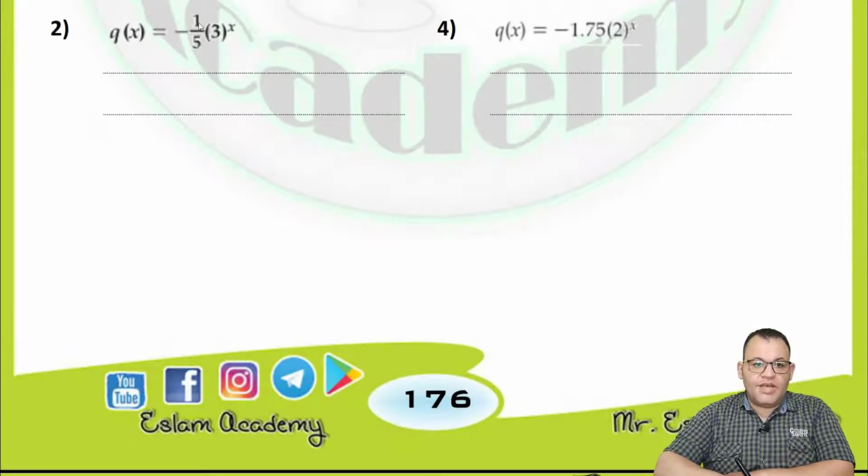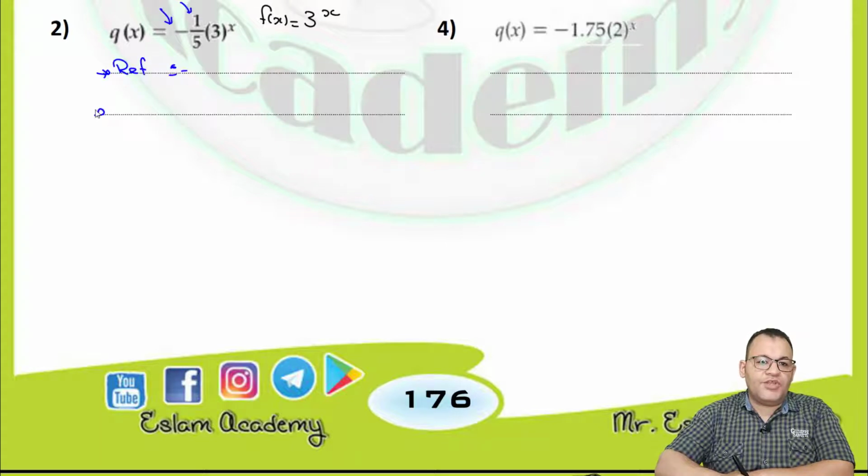q of x equals -1/5 multiplied by 3 to the power x. The parent function f of x equals 3 to the power x, a number raised to the power x. We have here a negative and a multiplication by a number. Negative is for the reflection, multiplying by a number is for the dilation. Now for the reflection, you multiply by a negative in front of 3 to the power x.